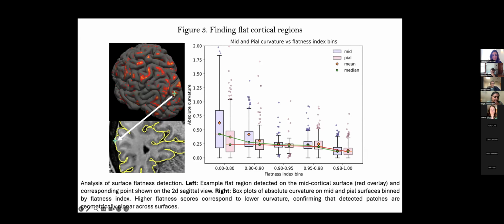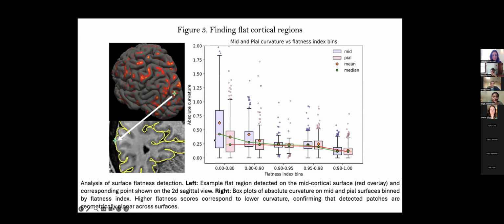And on the left-hand side, we show one example of a region that is supposed to be flat, and you can appreciate that it is quite flat and low curvature in that region, even qualitatively. It's quite visible.